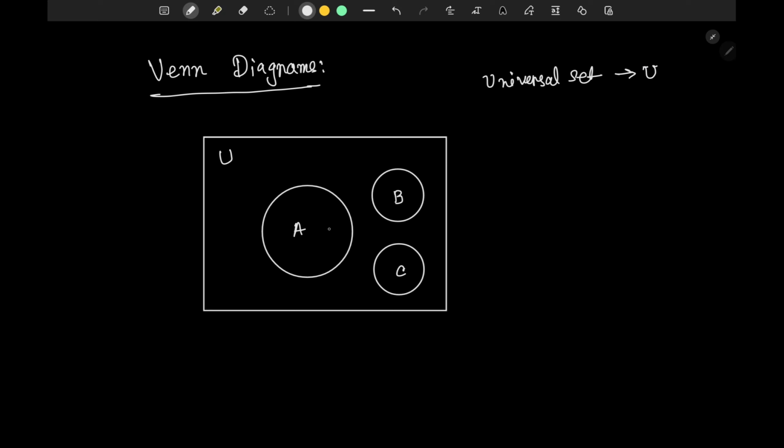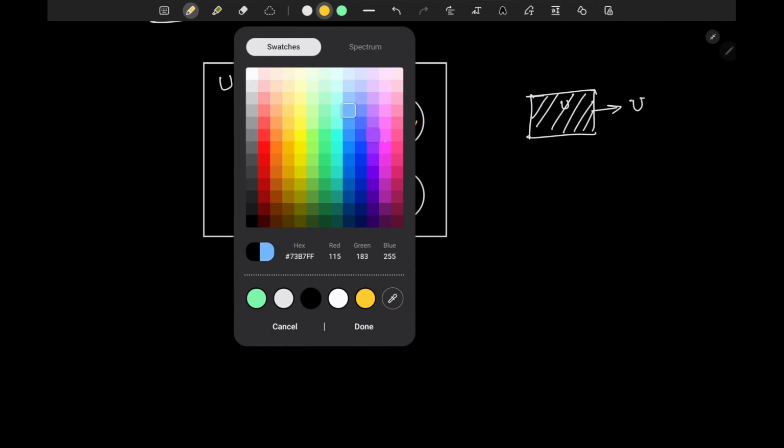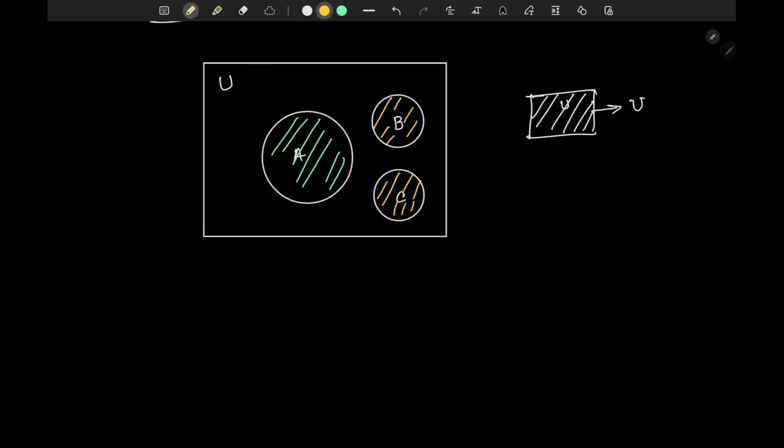If you forget about A, B, and C, this whole rectangle is your universal set, or U. And then you have some other sets marked as circles, sets A, B, and C. And if you notice, these sets A, B, and C are coming from U. That is, it's like taking a portion out of U. So A, B, and C are all subsets of the universal set.